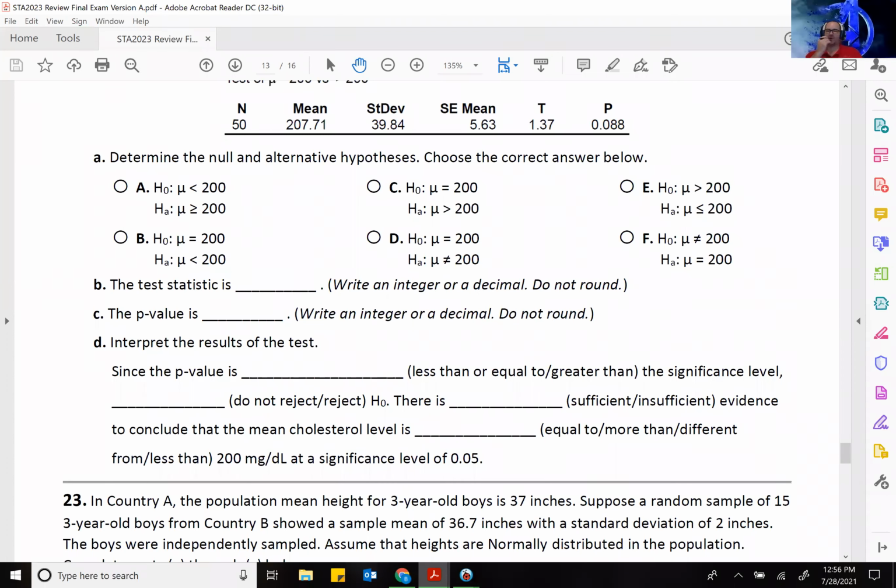No. More than. It's more than. There wasn't enough evidence to say that we would choose the more than, the alternative. Does that make sense? Yes. Yeah. So in other words, the original claim still has some validity to it.